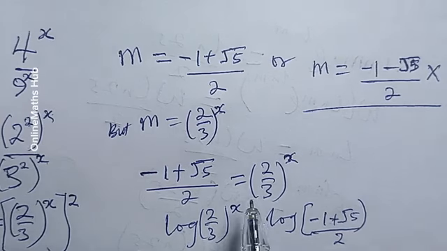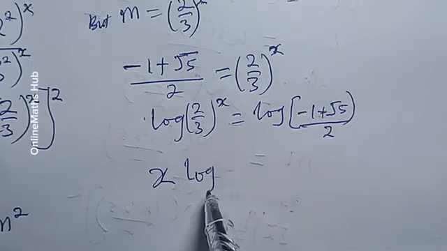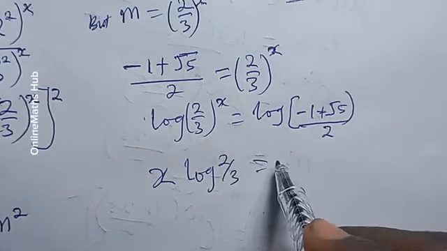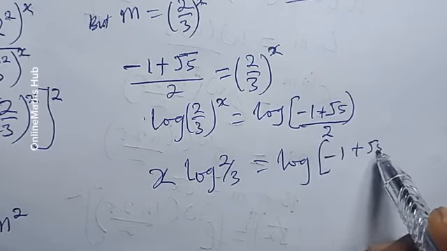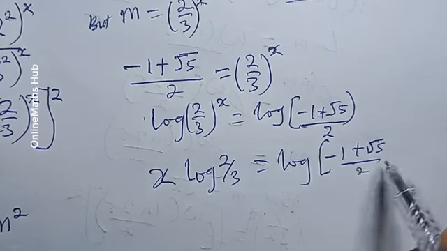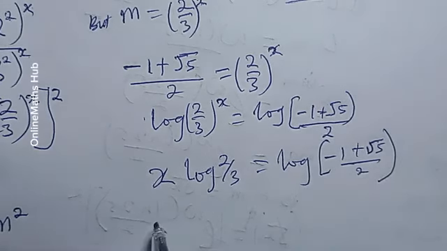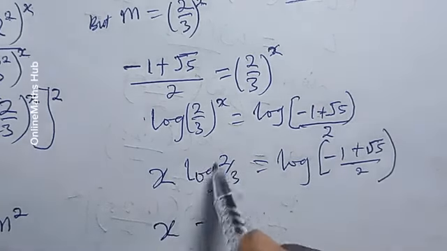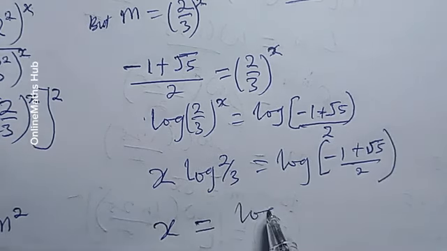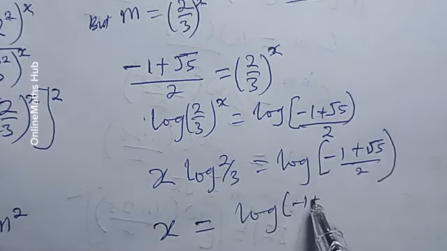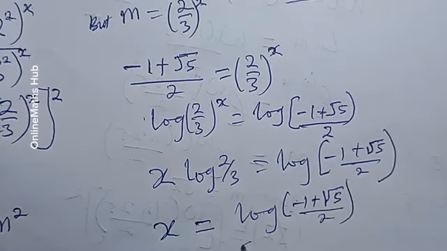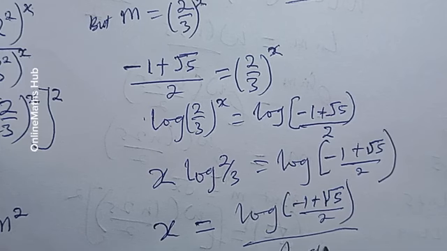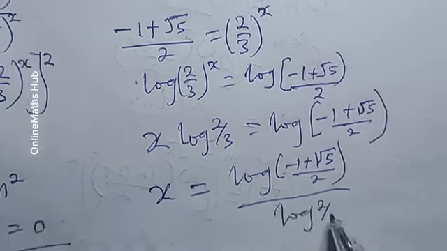And at this point, this can actually come down, so that we have x multiplied by log 2 over 3 is equal to log of negative 1 plus root 5, divided by 2. And then at this point, dividing through by this log right here, x will be equal to log of negative 1 plus root 5 divided by 2, and all divided by the log of 2 over 3.